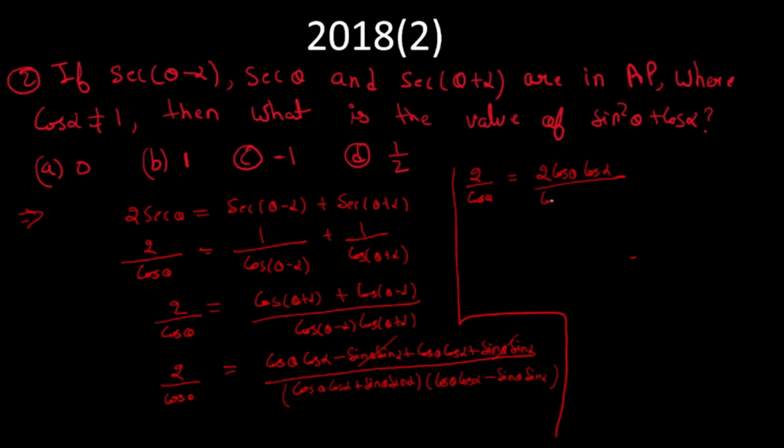We get cos square theta cos square alpha minus sin square theta sin square alpha, and here we get cos square theta and cos alpha. Here we take cos square theta and cos alpha to the left hand side, and then we will solve. Wait a minute.